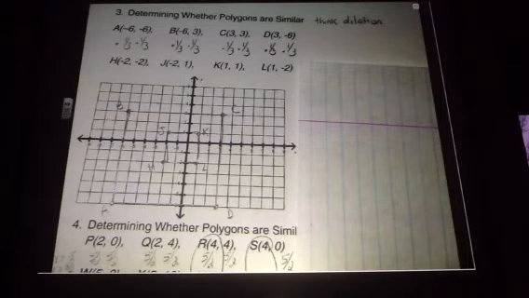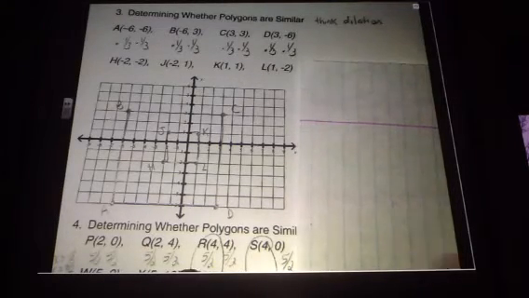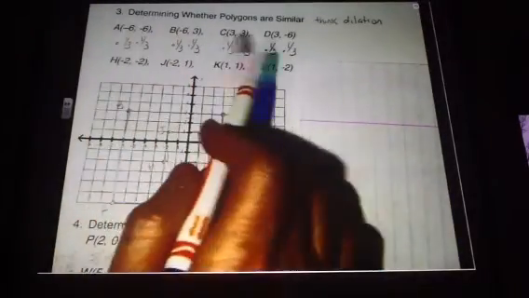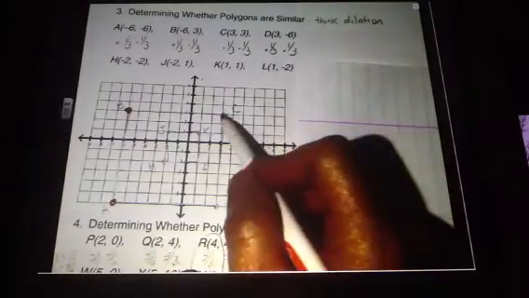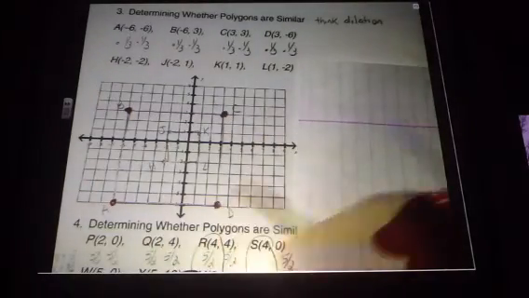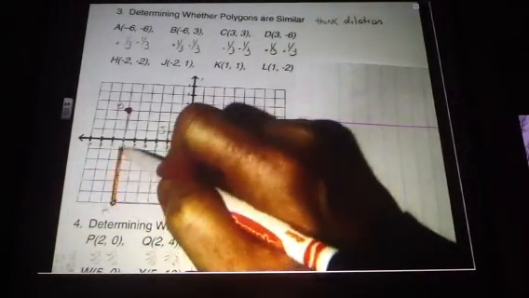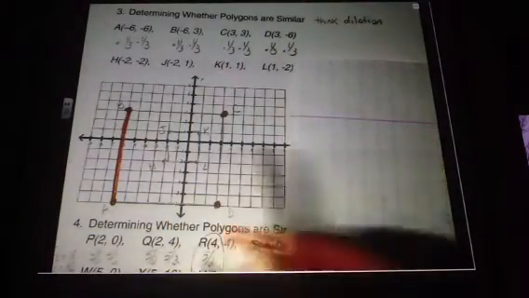Two polygons here. Our first polygon is the ABCD. When I graph that, I have a quadrilateral.